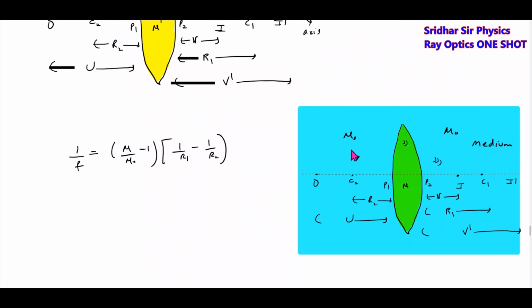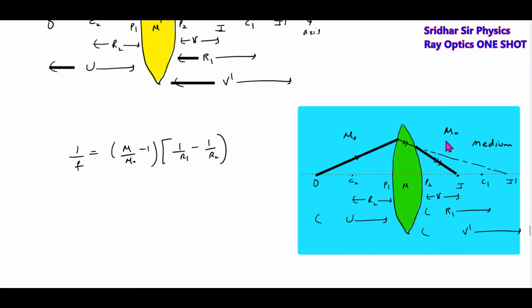If the surrounding medium is present, mu naught. If the lens is immersed in a liquid, if a surrounding medium is present, then the ray will be incident, will undergo refraction, then finally will meet here.